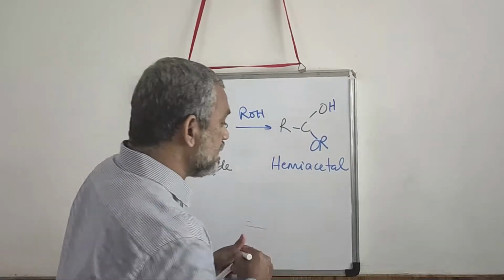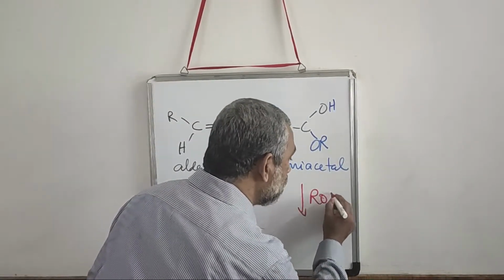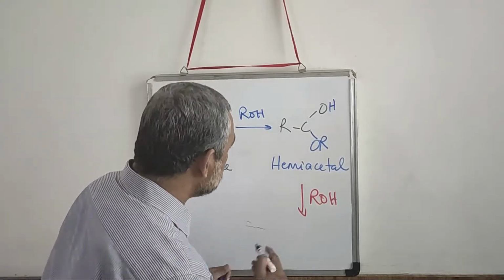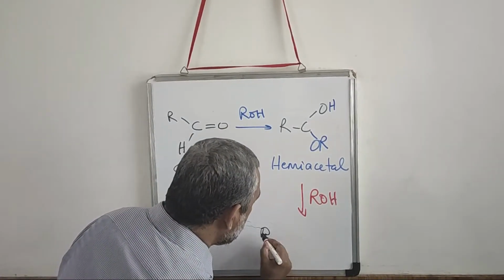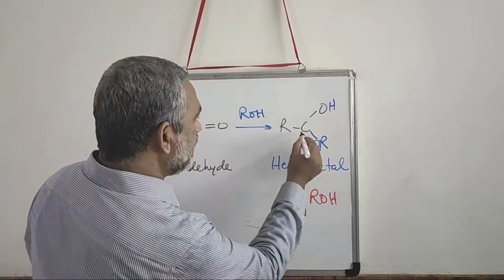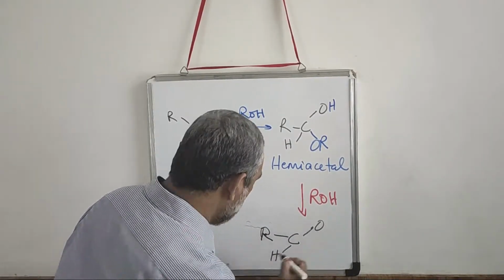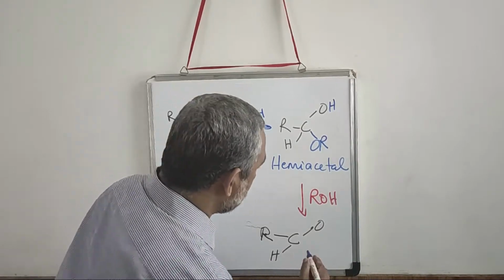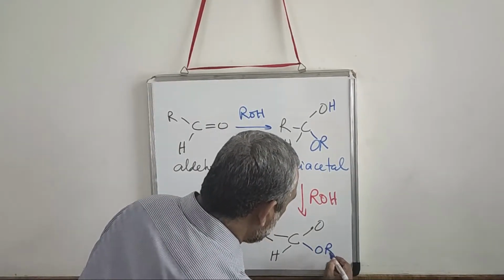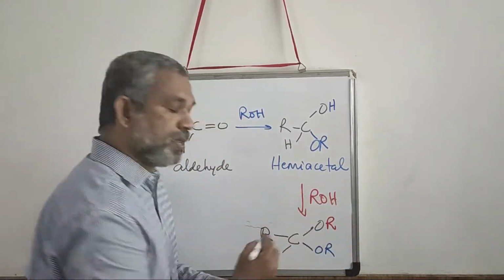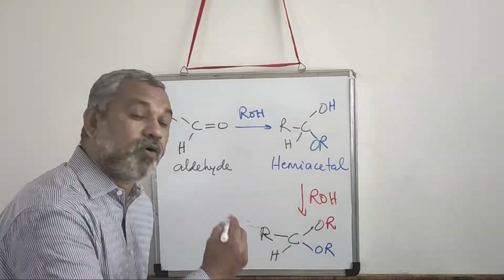Suppose we add another ROH, what will happen is, this will become R. Oh, sorry, here there is a hydrogen, O, OR, and this becomes OR. This is what we call an acetal.